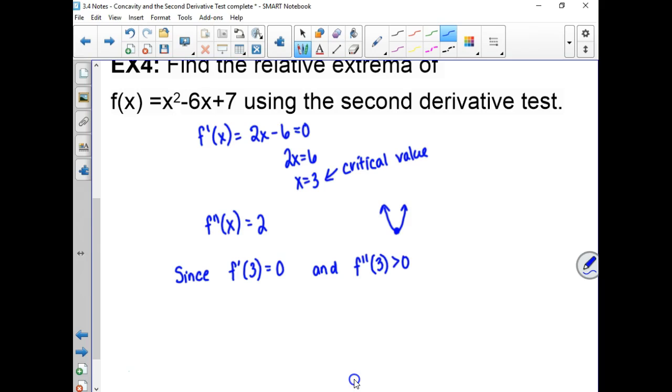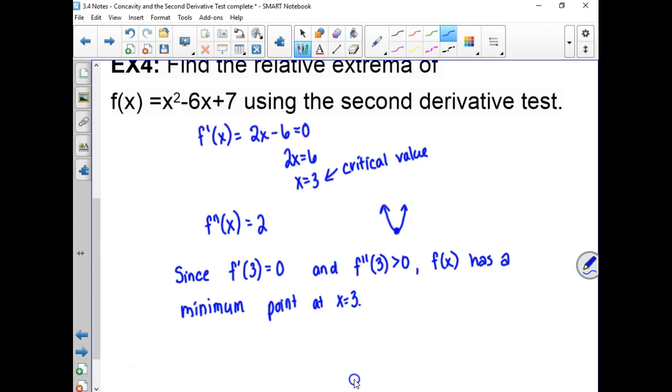And if you want to use more words: since the first derivative equals 0, since you have a critical point there, and the second derivative is positive, f of x has a minimum point at x equals 3.